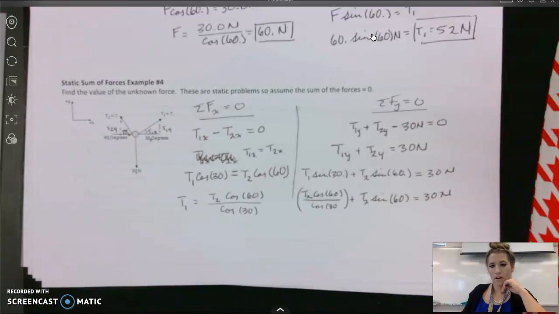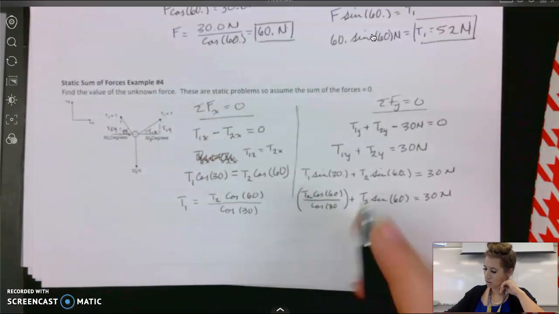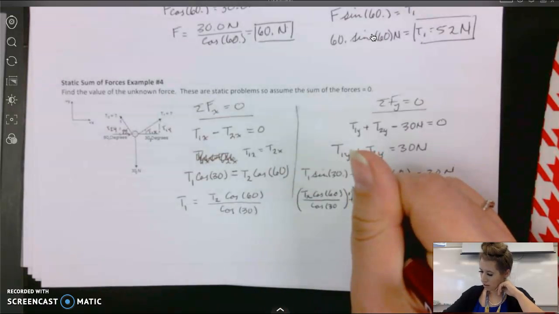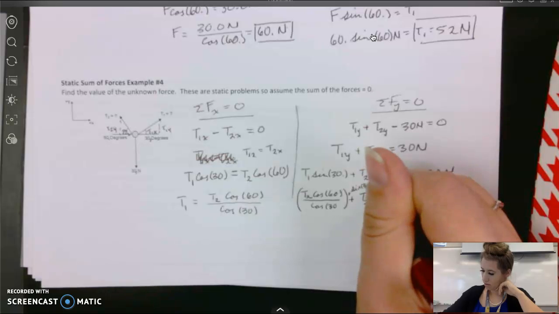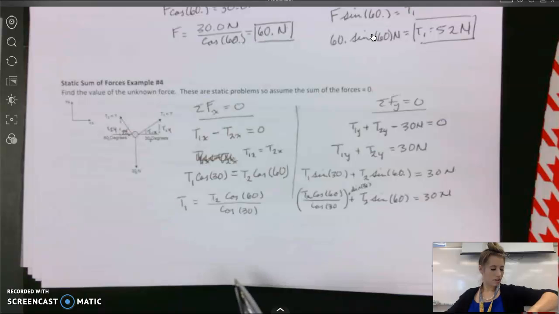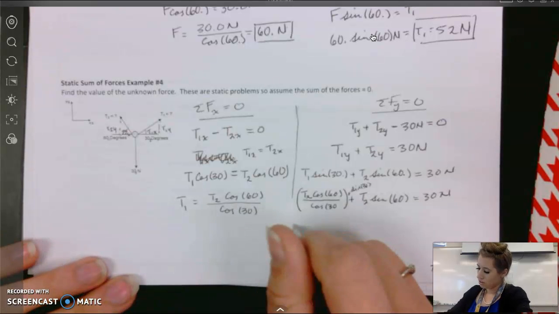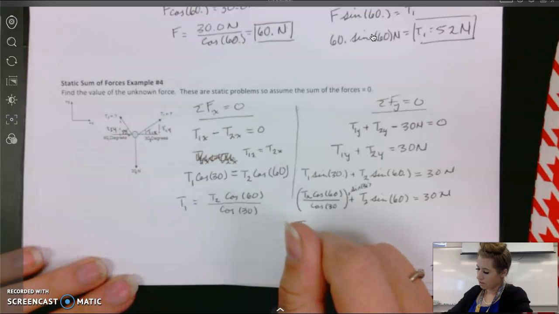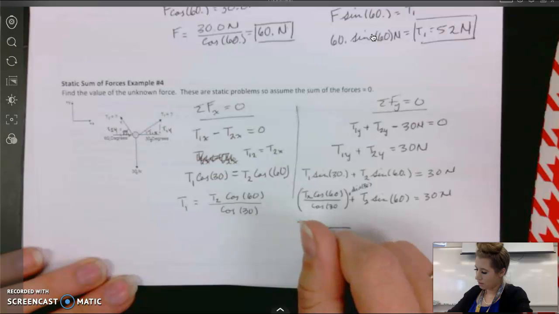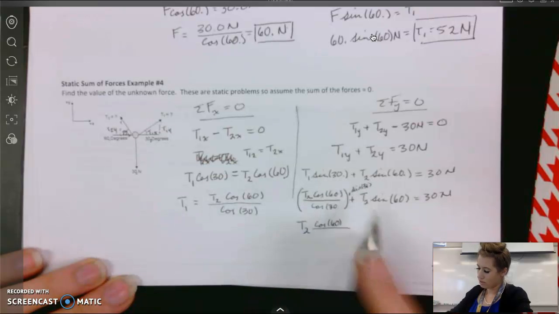Okay? Oh, I forgot, because I replaced T1, but there's also, right here, there's still a sine 30, right? So let me rewrite this again. I'm going to pull out that T2. So I'm going to say T2 multiplied by cosine 60, and then we have that sine of 30 as well.